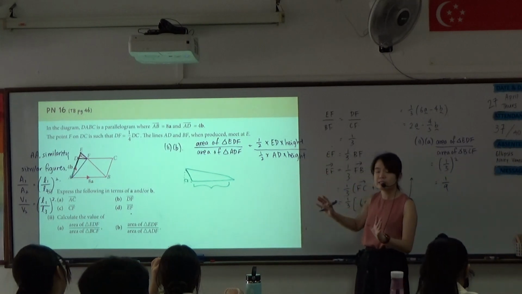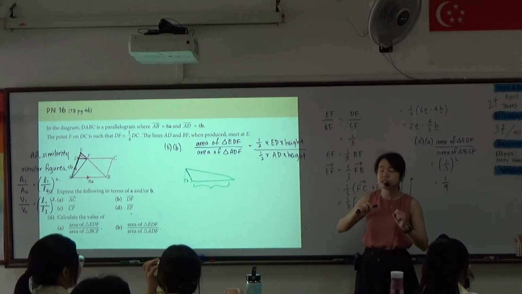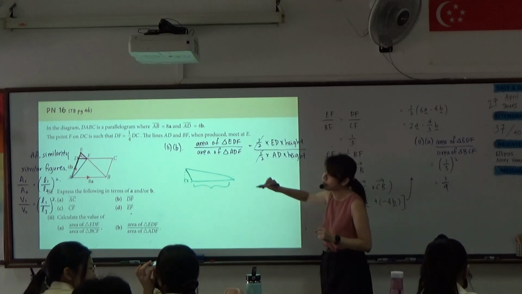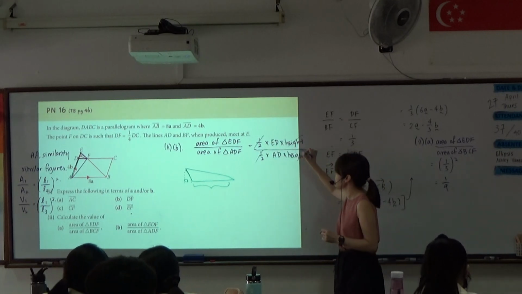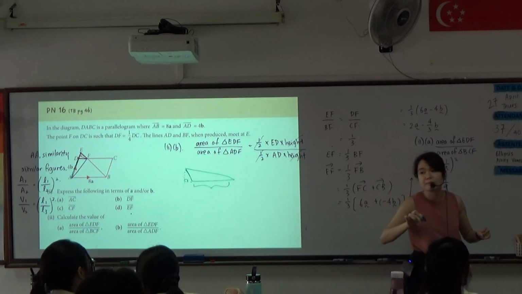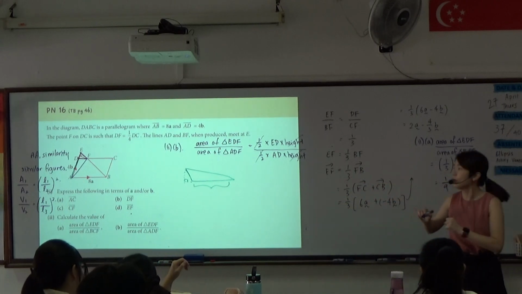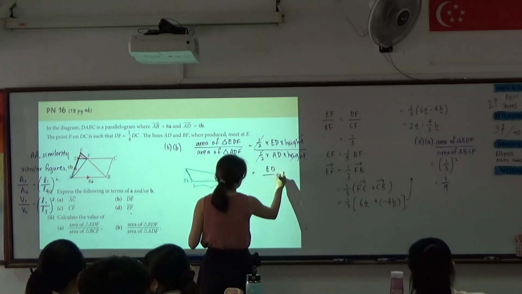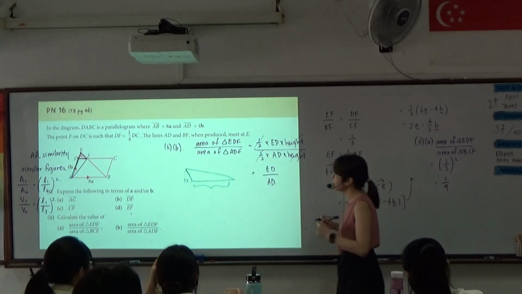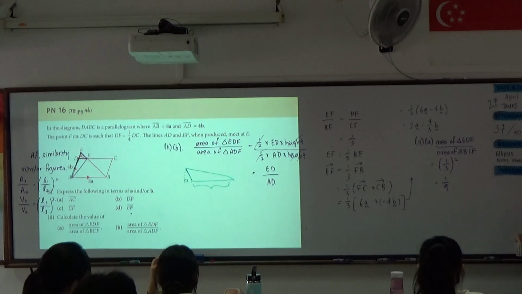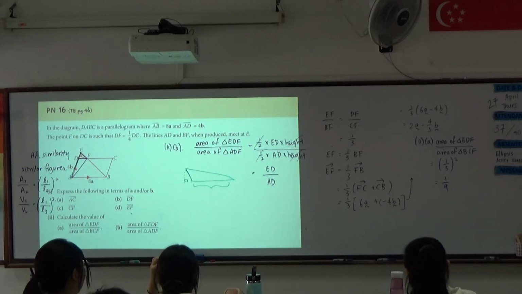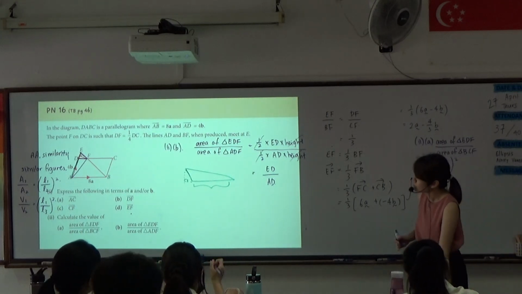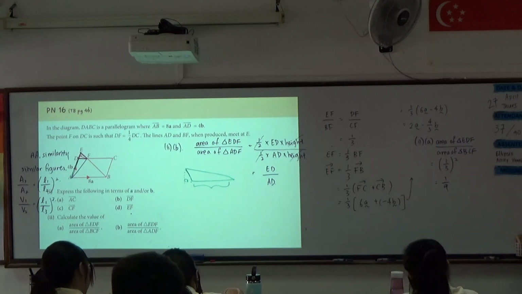We need it to be the same because when I simplify this fraction, I can cancel out the half, I can also cancel out the height. That's how we simplify our fraction. And therefore, our ratio of the areas of the triangles in this case is simplified to trying to figure out what is the ratio of ED and AD. Okay?